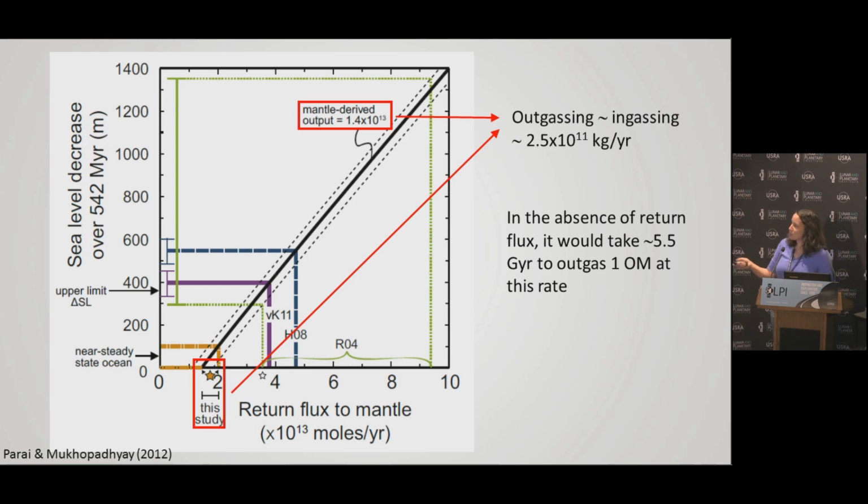But in the absence of a return flux, this rate means that it would take about 5.5 billion years to outgas one ocean mass of water at this rate. So in order to get the water that's on the surface today, it would take longer than the Earth's lifetime if it all started in the mantle to begin with, and if this rate were constant. But we think that plate tectonics was more vigorous in the past, so this rate cannot have been constant throughout the lifetime of the planet.